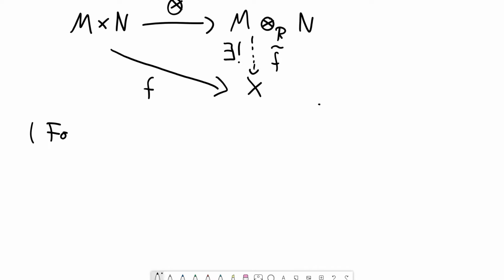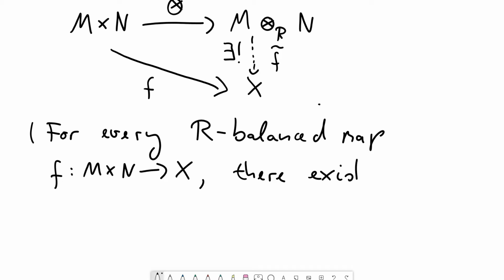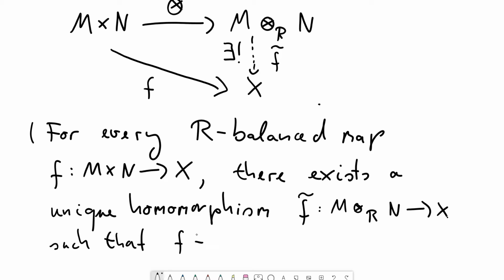So what this diagram says is that for every R-balanced map F from M times N to X, there exists a unique homomorphism of abelian groups, call it F twiddle, from M tensor over R N going to X, such that F is just the composition of first tensor, then F twiddle, so F twiddle composed with tensor.